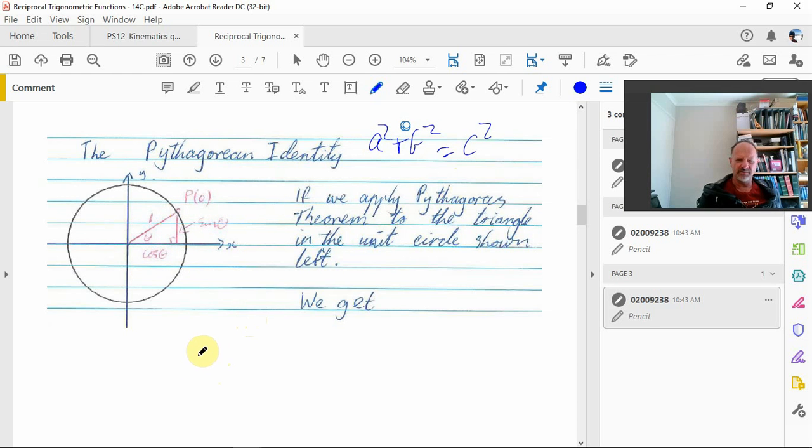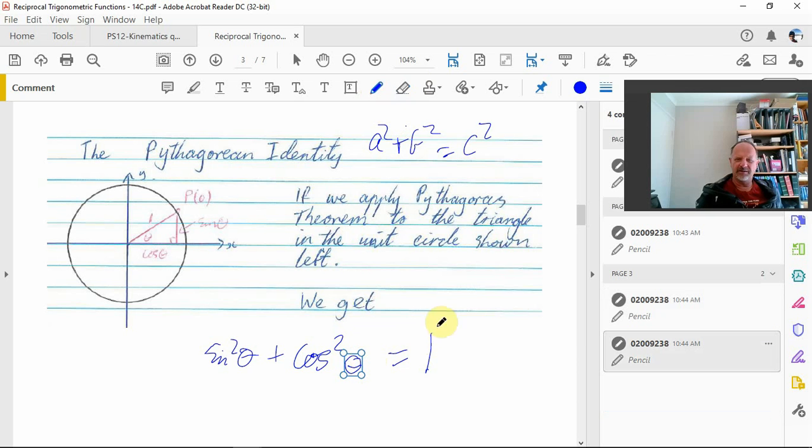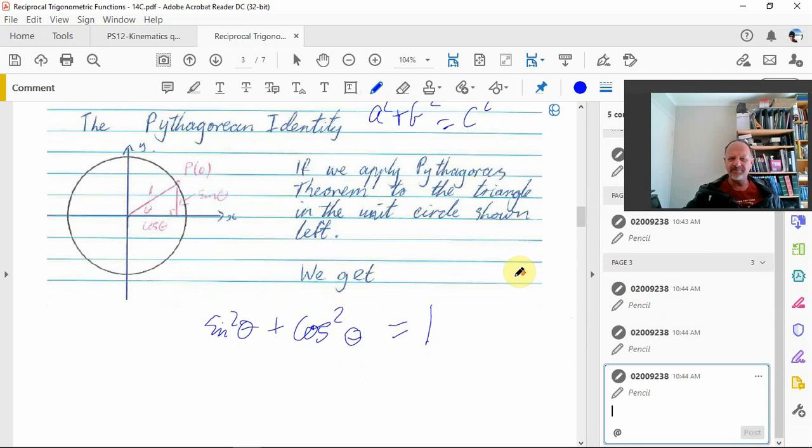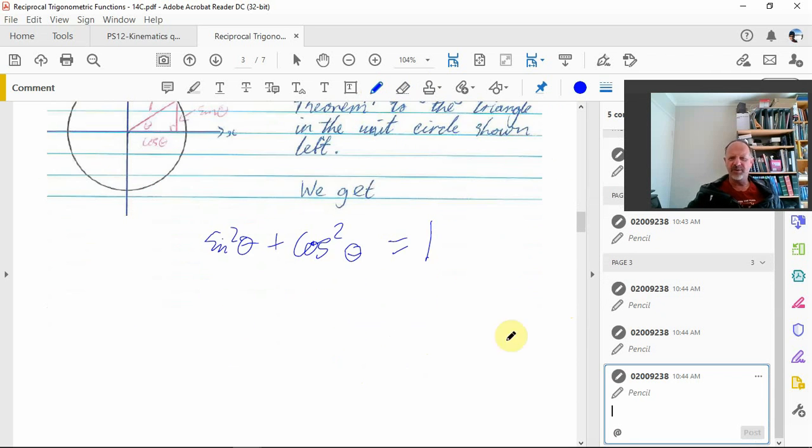So if we do that, we can say that sine squared theta plus cos squared theta is equal to 1 squared, which of course is just 1. So that's the Pythagorean identity.